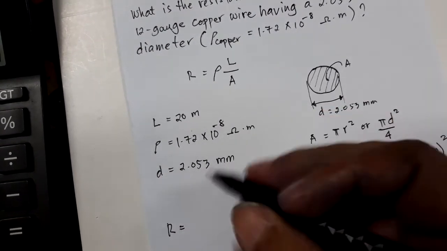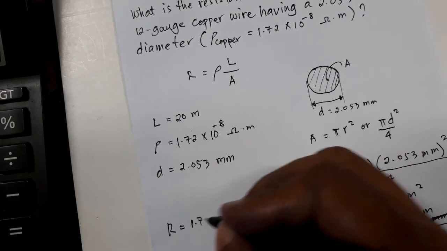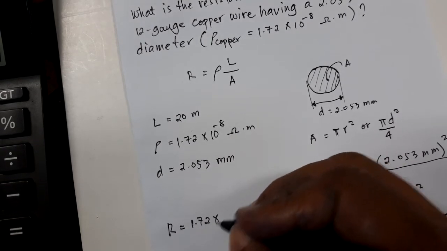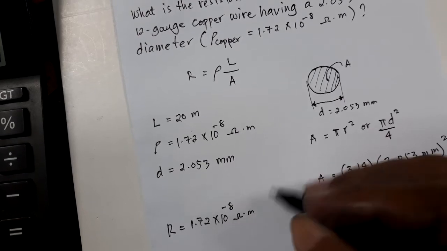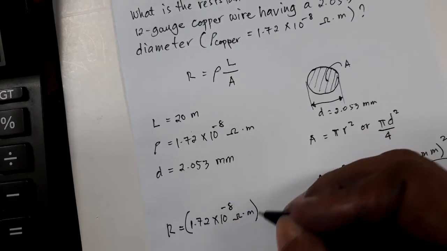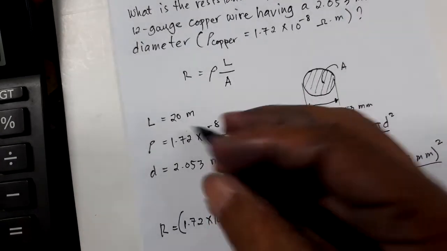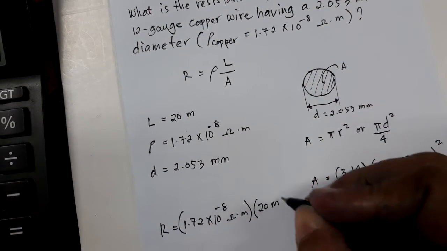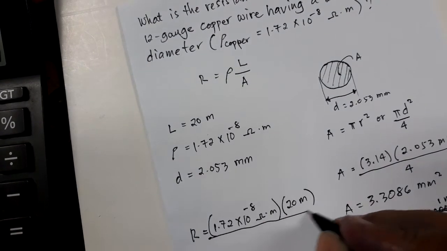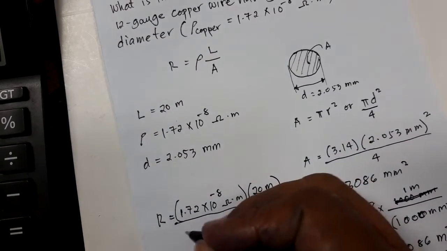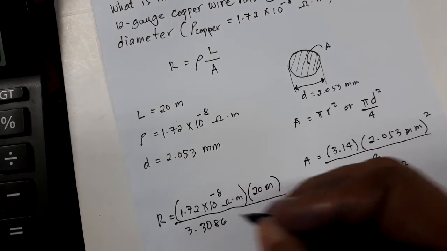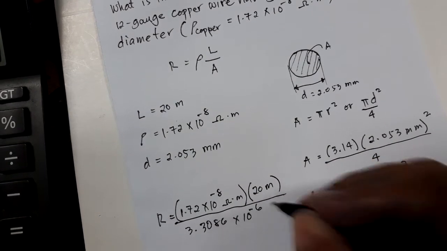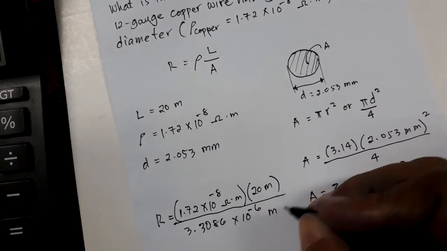The resistivity is 1.72 times 10 to the negative 8 ohm meter, times the length, which is 20 meters, divided by the area, 3.3086 times 10 to the negative 6 meter squared.